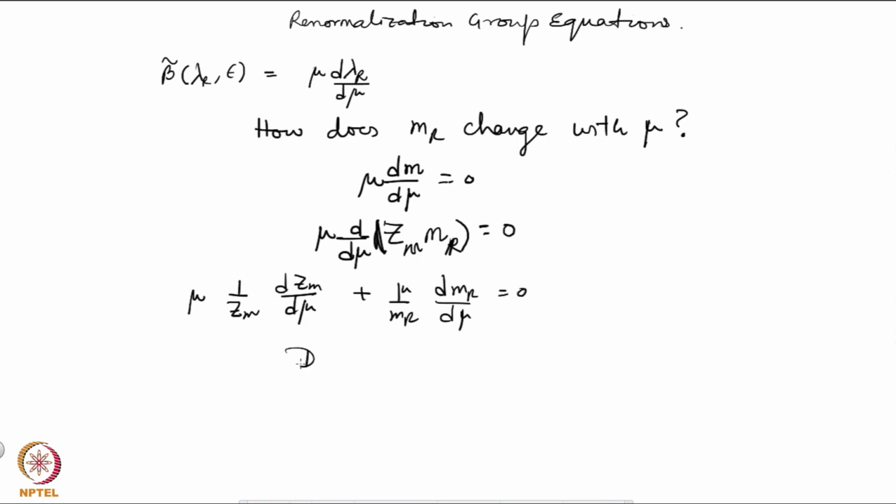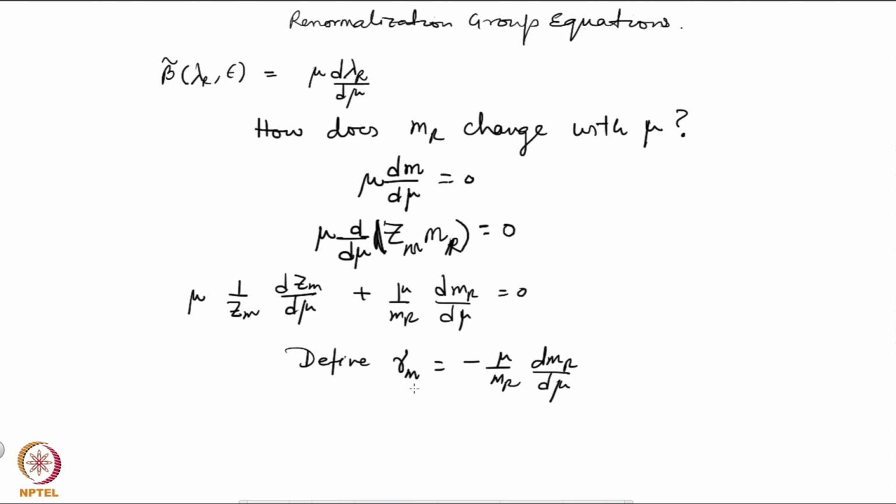Now I will define gamma_m as minus mu over m_R dm_R over d mu. See, this gamma_m is dimensionless because m_R has mass dimension 1 and mu has mass dimension 1, so this ratio is dimensionless.